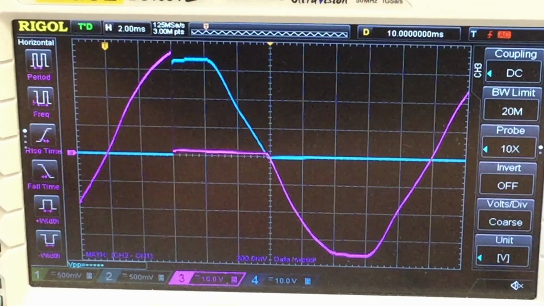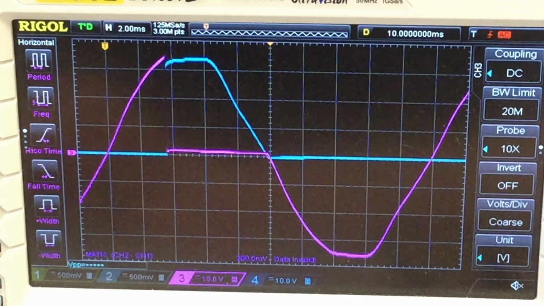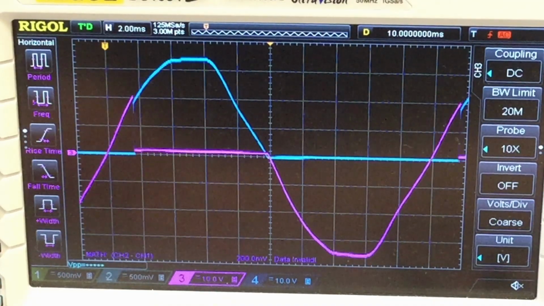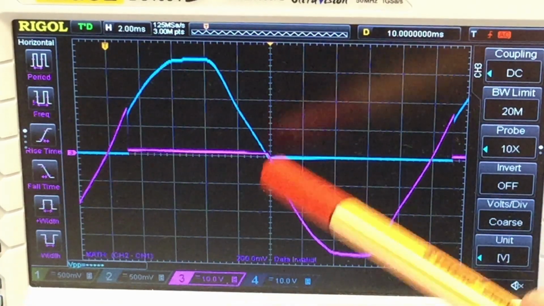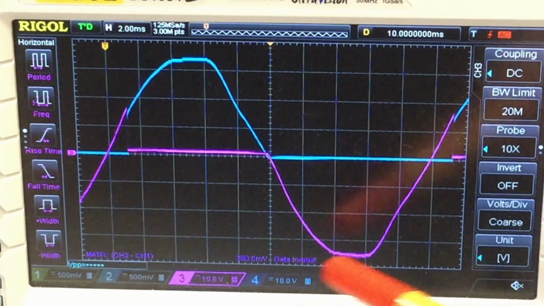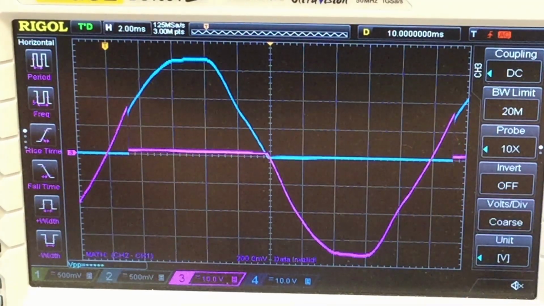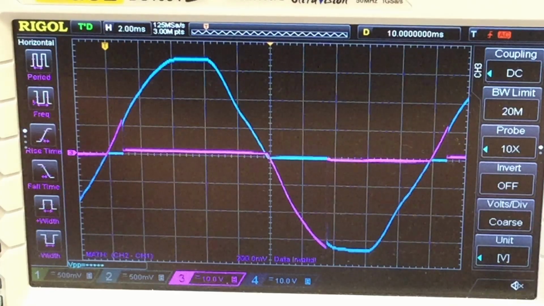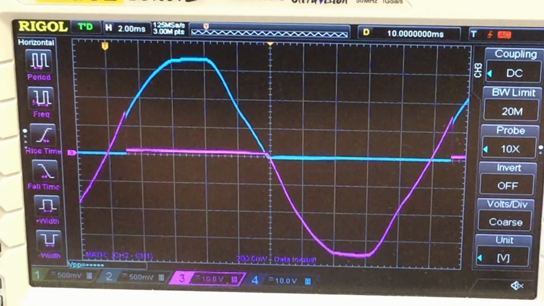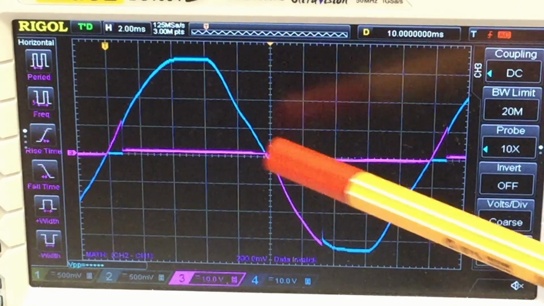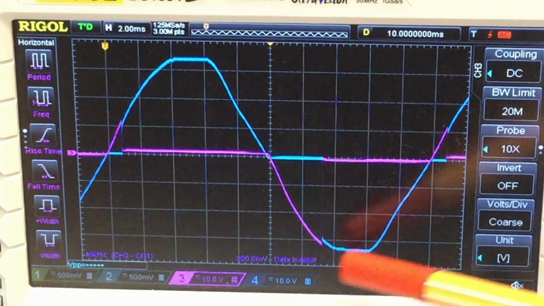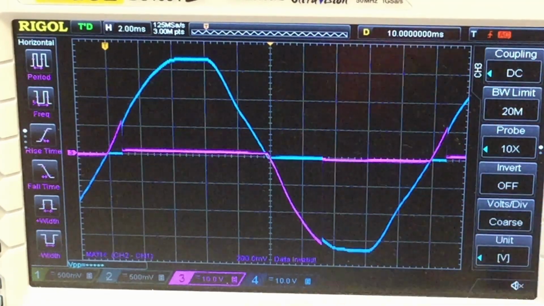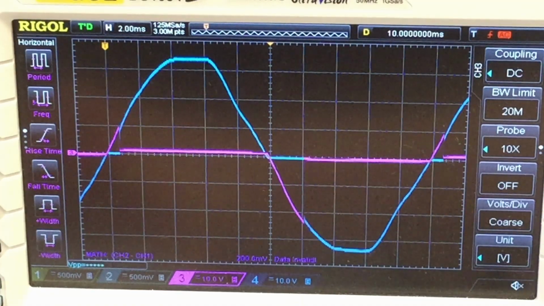And if I decrease the resistor value, I'm almost fully triggering the positive half wave, still nothing is happening here. And I basically only very, very late in the game start triggering also here in the negative half wave.